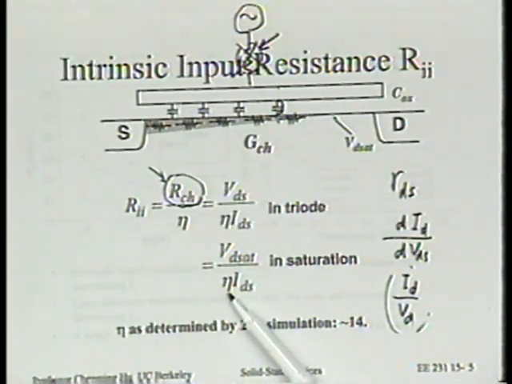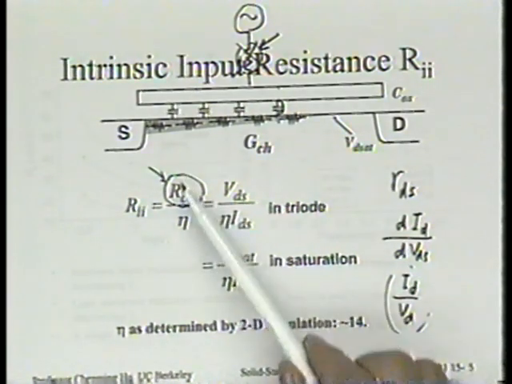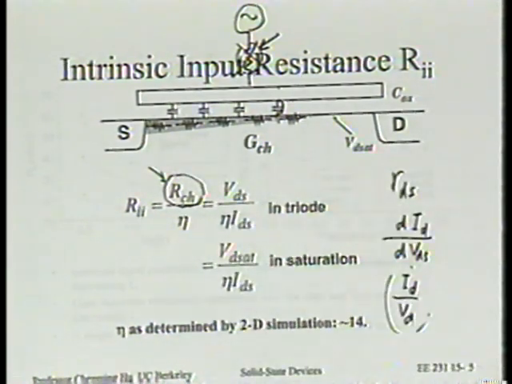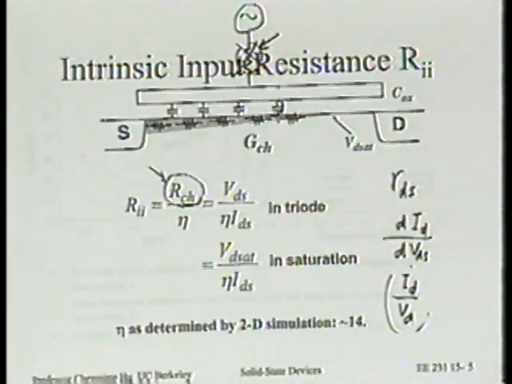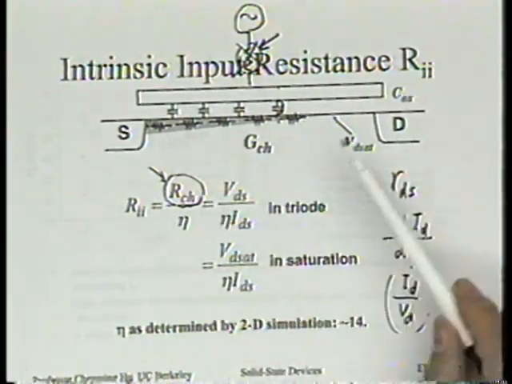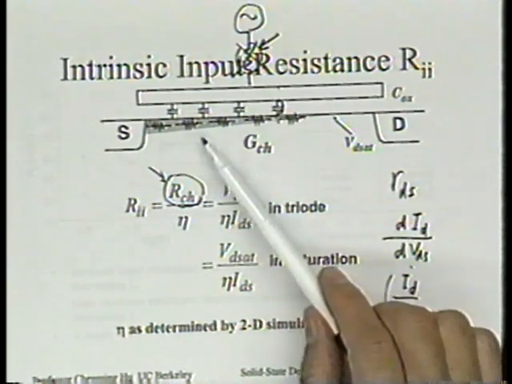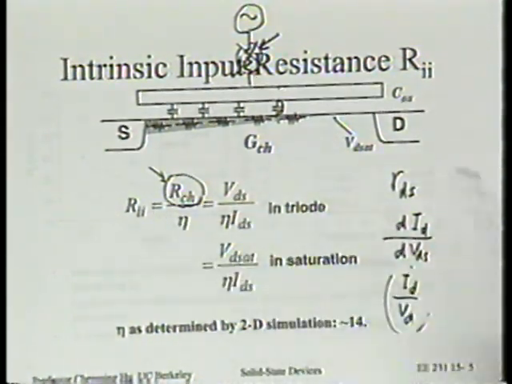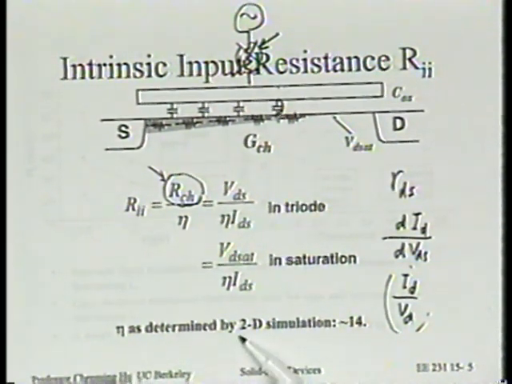Next question is, what is the factor? We all expect this to be less than the channel resistance. What is it? Well, you can do some simple analysis to estimate it, but if you do that, you have to assume probably constant mobility, or that sort of thing, in order to simplify the math. You can come up with a number of about 12, or you can use 2D simulation to get a better number.